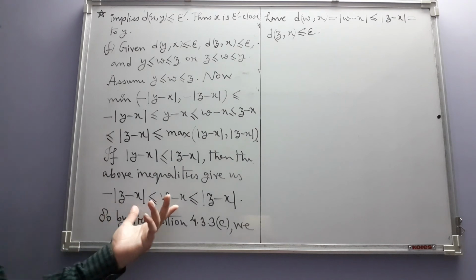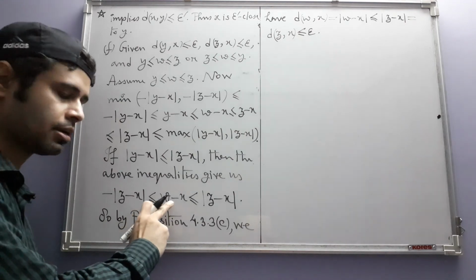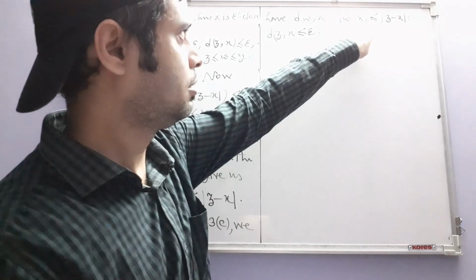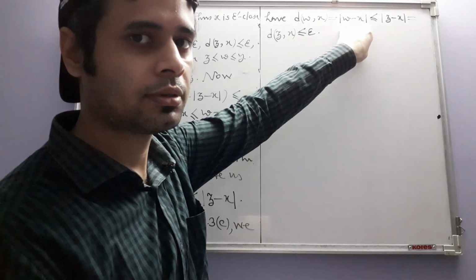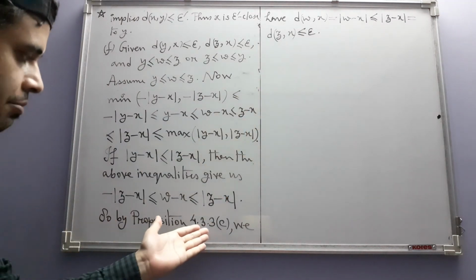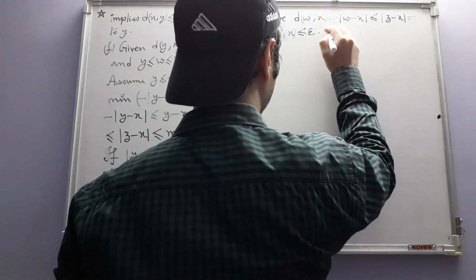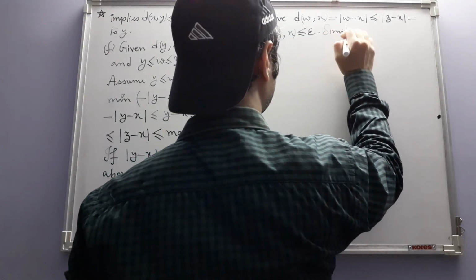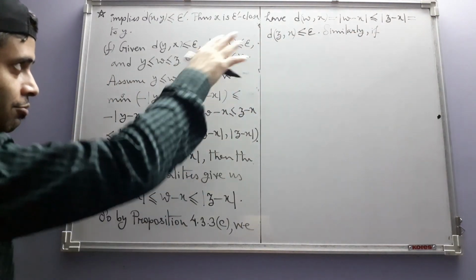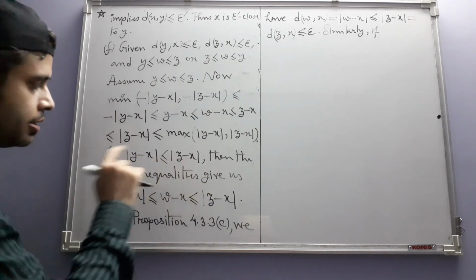Do you realize what we have done here? Minus y is less than or equal to x is less than or equal to y, that implies absolute value of x is less than or equal to y. That's the thing we have, in that way we have used this part C of the previous proposition. Similarly, but all of what we have done depends on this if, right? If this inequality is true.